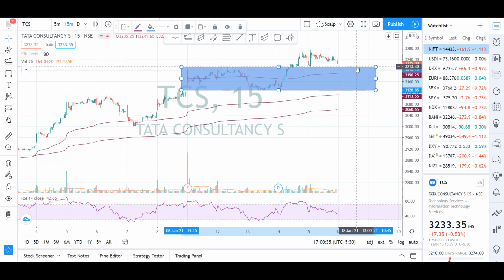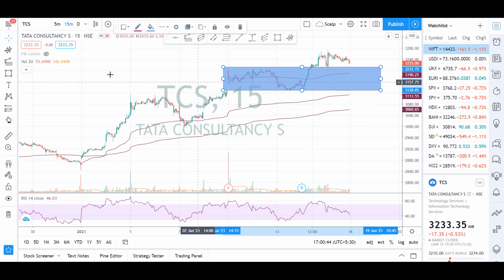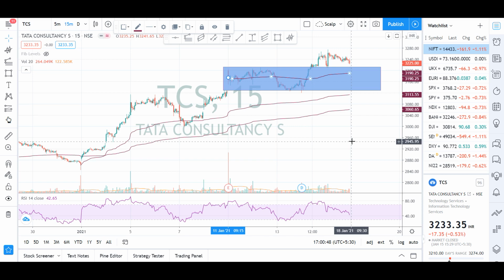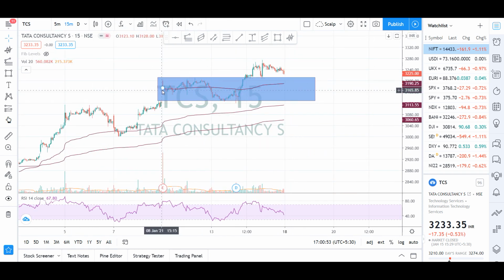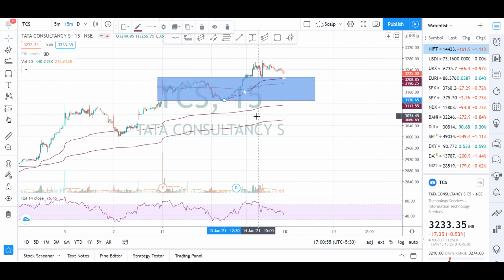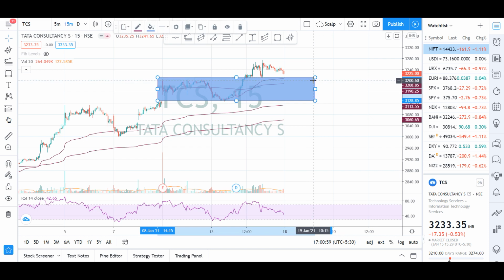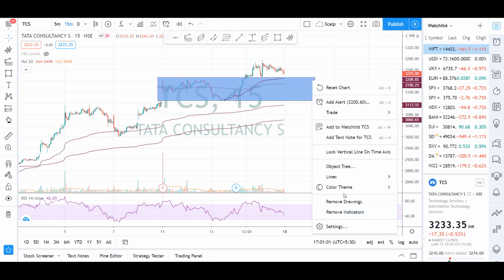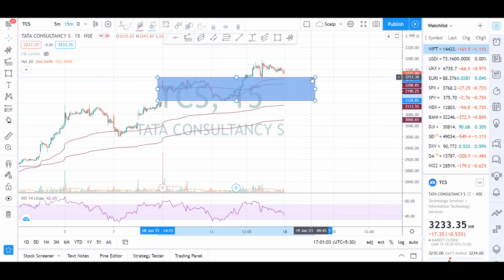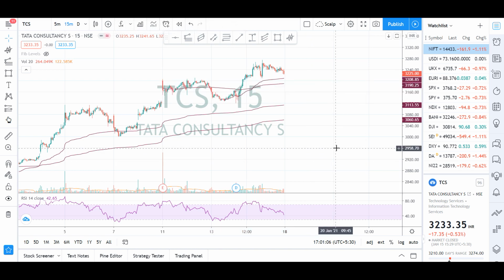Anytime the price comes to this area, we can be a buyer, and whenever the price comes to this area, we can be a seller. Then we can continue using this zone as our VWAP. This is helping us move the levels as per our requirements. You see this zone has also worked out as a support and resistance for us.